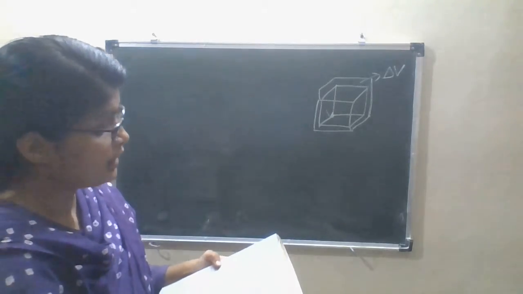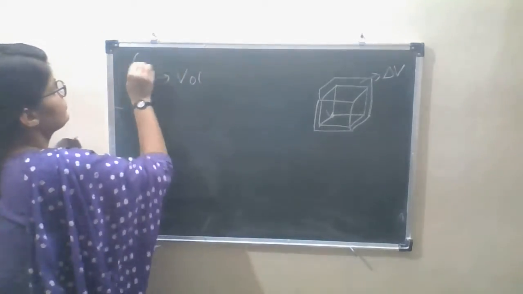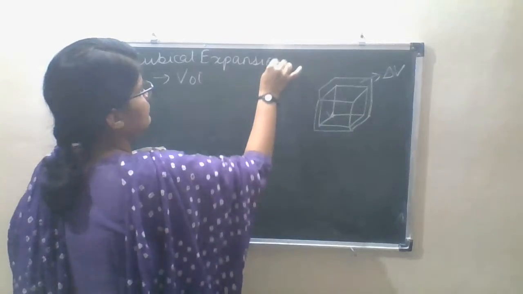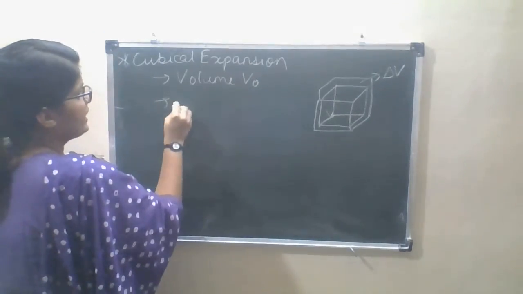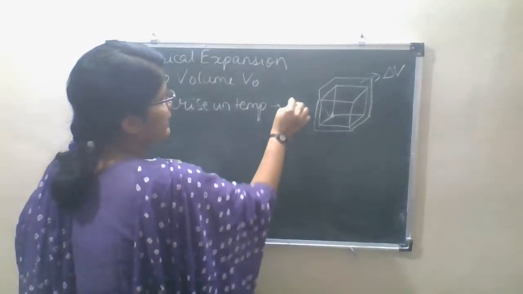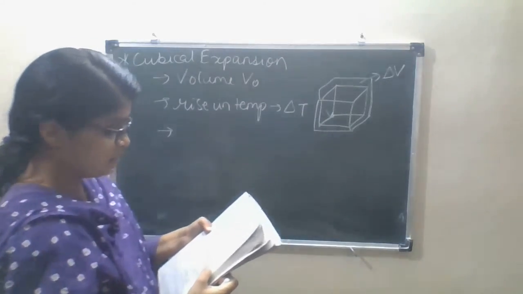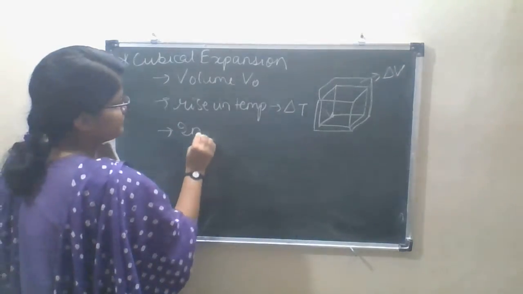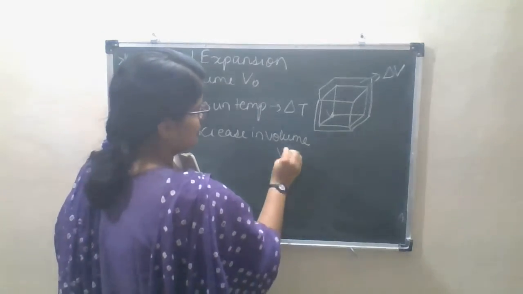Now the same thing is there. We will see that the solid body has volume V0, the original volume, then again the rise in temperature is denoted by delta T. Then the volume after the heat is supplied is given by V. The increase in volume is given by this.